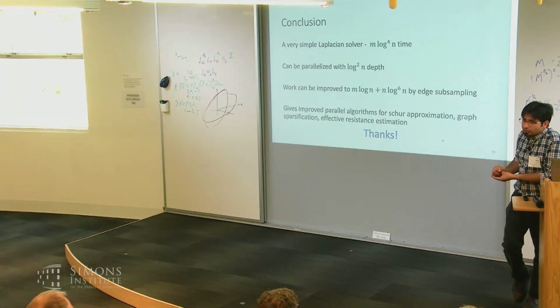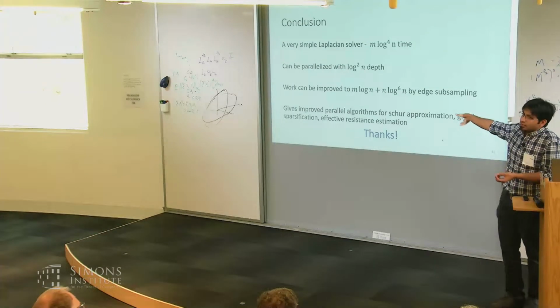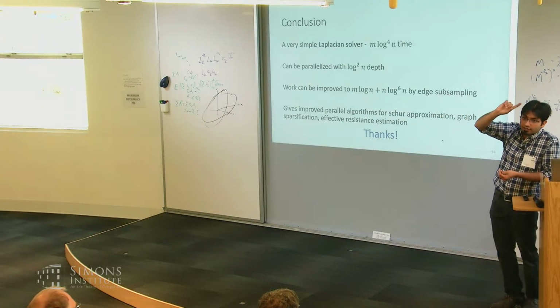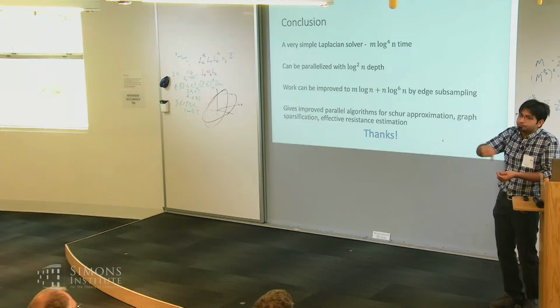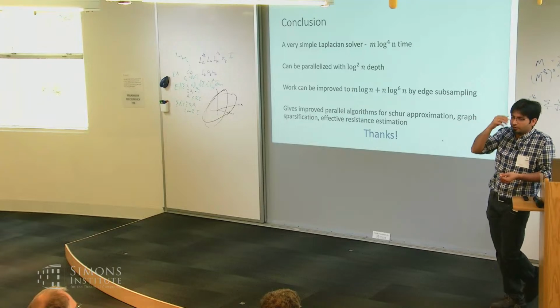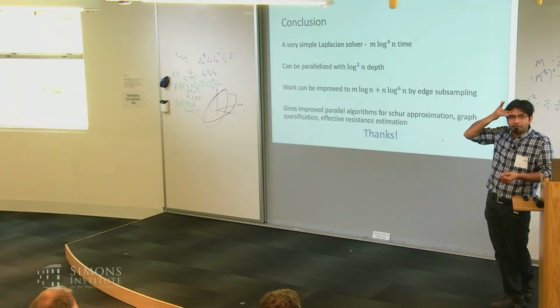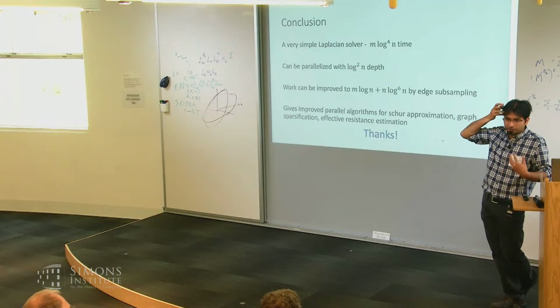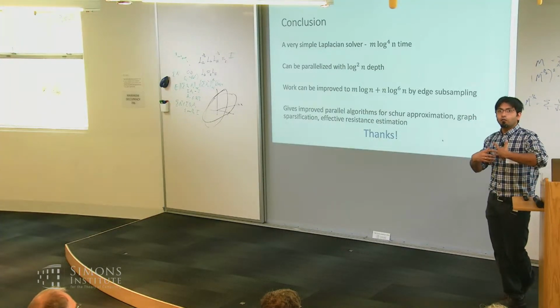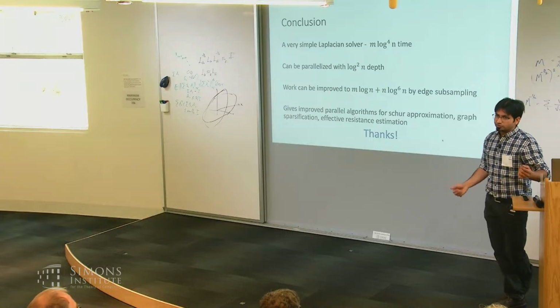There is actually a bunch of work. There was a previous version of this kind of elimination-based solver that I had with Rasmus that was eliminating vertices one by one randomly. And Rasmus and Dan Spielman and one of Rasmus's students have a paper out and an implementation of that solver that does well in all scenarios.